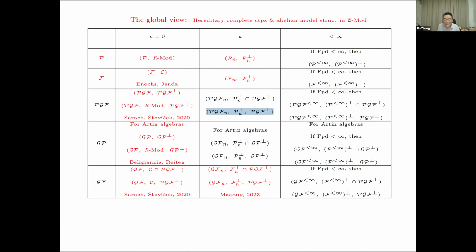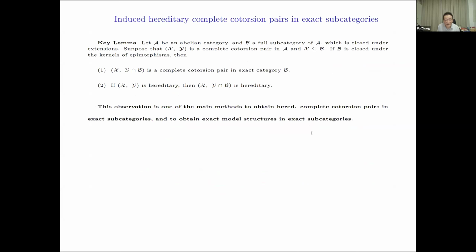This is in the module category. And now we are talking about model structures in exact subcategories. So this depends on a keen observation. We call it the Keen lemma. That is, if A is an Abelian category and B is a full subcategory of A which is closed under extension, then B has natural exact structures.